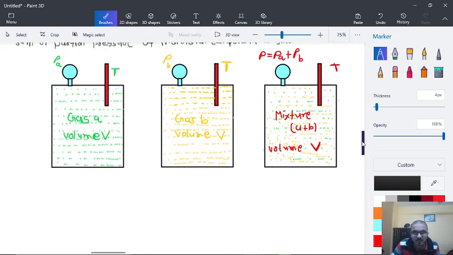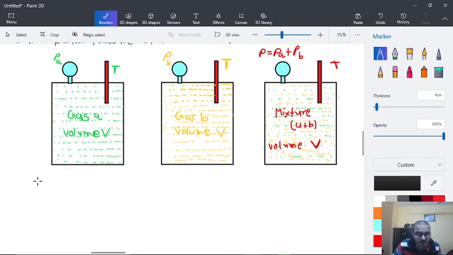As per Dalton's law, we can directly write P = PA + PB, and in terms of mass also, M = MA + MB.